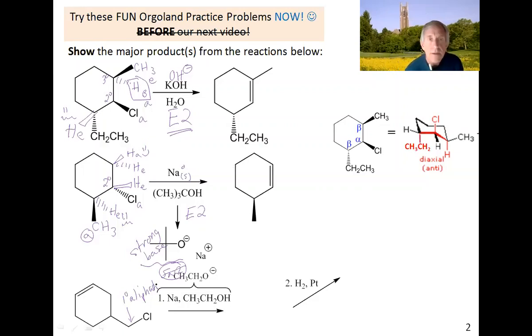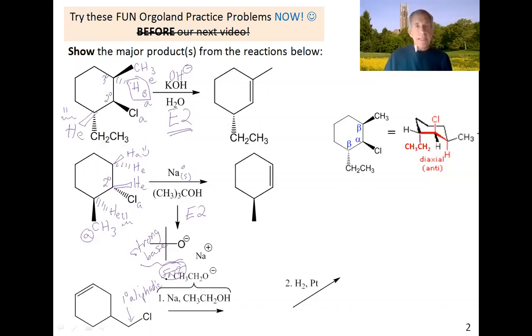Primary aliphatic. It is not benzylic because, even though that's a 6-membered ring, it's not a benzene ring with 3 double bonds around it. It's just an alkane ring with, somewhere way out there, a double bond. So this is a primary aliphatic leaving group.